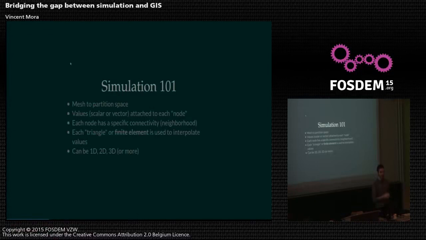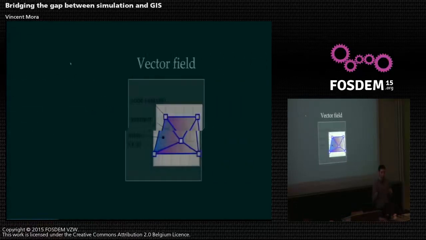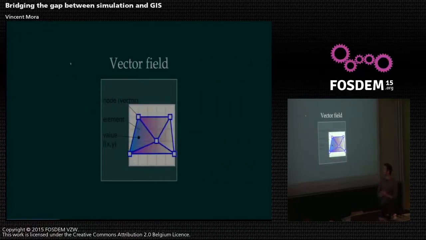In each point you have a value, and that can be in one dimension, 2D, 3D, or even more if you want. This is a representation of a finite element where on each node you can have different kinds of values, and there is some kind of interpolation of values in the middle.